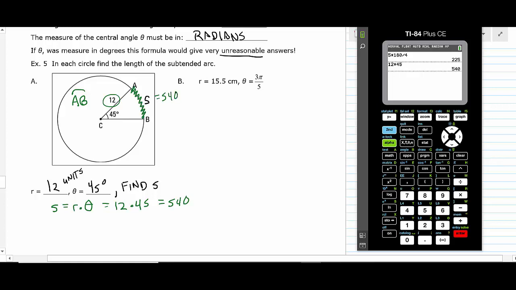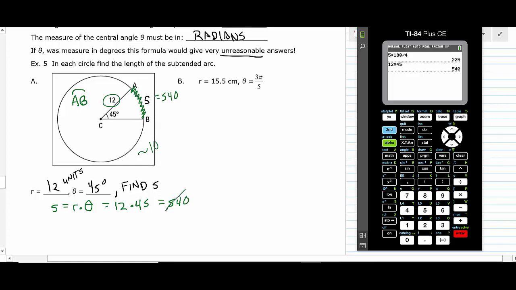Don't you think that's a smidgen too big? Yeah, that's way too big. That's ridiculous. S looks almost like it's the same as 12. I would predict that the answer would be just a little bit less than 12, maybe around 10 or something like that. Let's find out. So you don't do it that way.